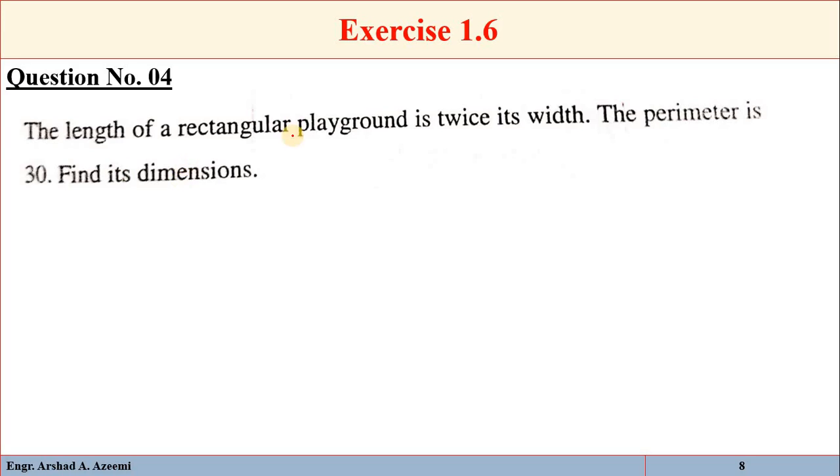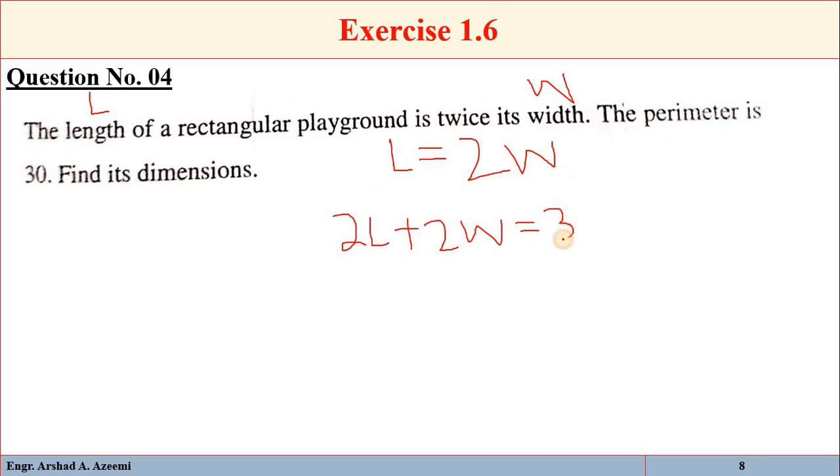The length of a rectangular playground is twice its width. Suppose the length of the playground is L and the width is w. The condition given is that the length is equal to twice the width. The perimeter is 30. So the perimeter is 2 times length plus 2 times width, which is equal to 30.